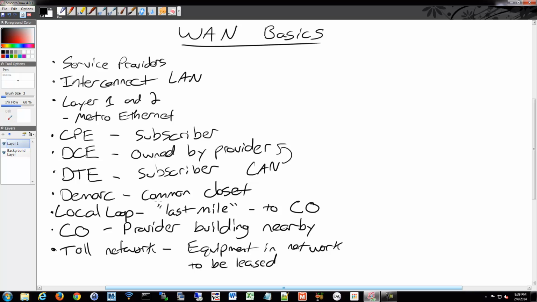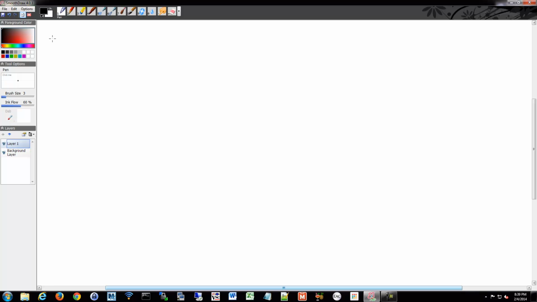So since we're talking about equipment, I'll blank this out and we'll start fresh with the types of equipment that are out there. There is the dial-up modem. Anyone who was online in the 80s and 90s and even early 2000s is probably quite familiar with the dial-up modem.